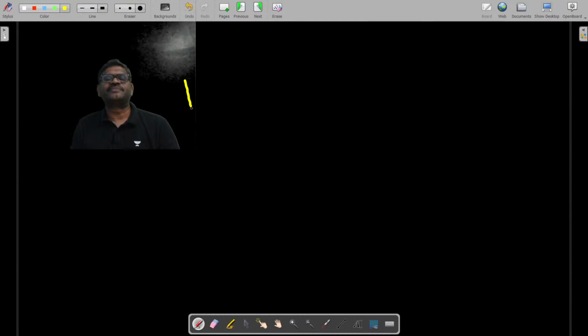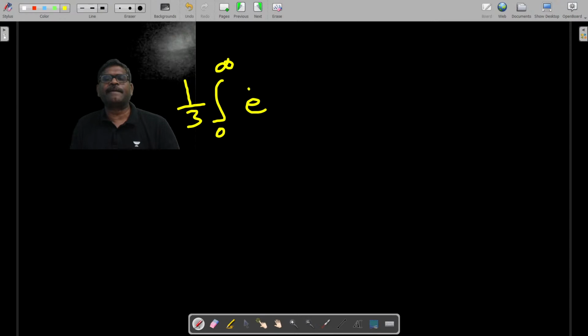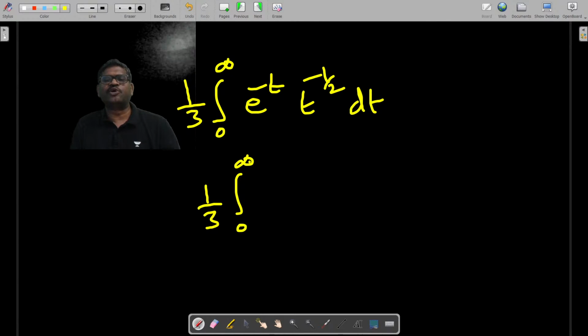That is 1 by 3 integral 0 to infinity e power minus t, t power minus 1 by 2 dt, which is integral 0 to infinity e power minus t, t power 1 by 2 minus 1 dt.